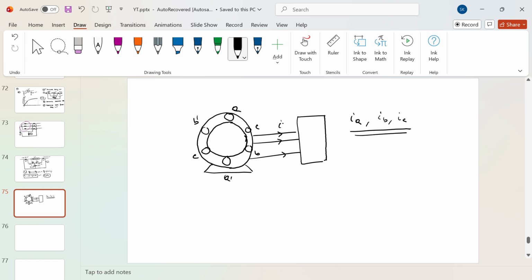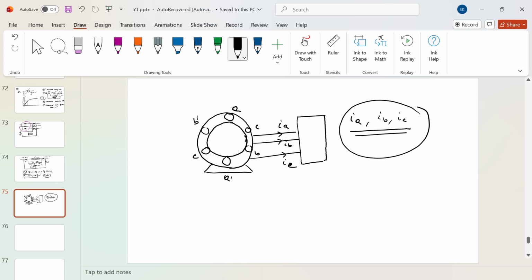If these three currents are not balanced, then according to the symmetrical component theorem, this unbalanced current can be split into positive sequence component of current, negative sequence component of current and zero sequence. There is something we call the Fortescue theorem.